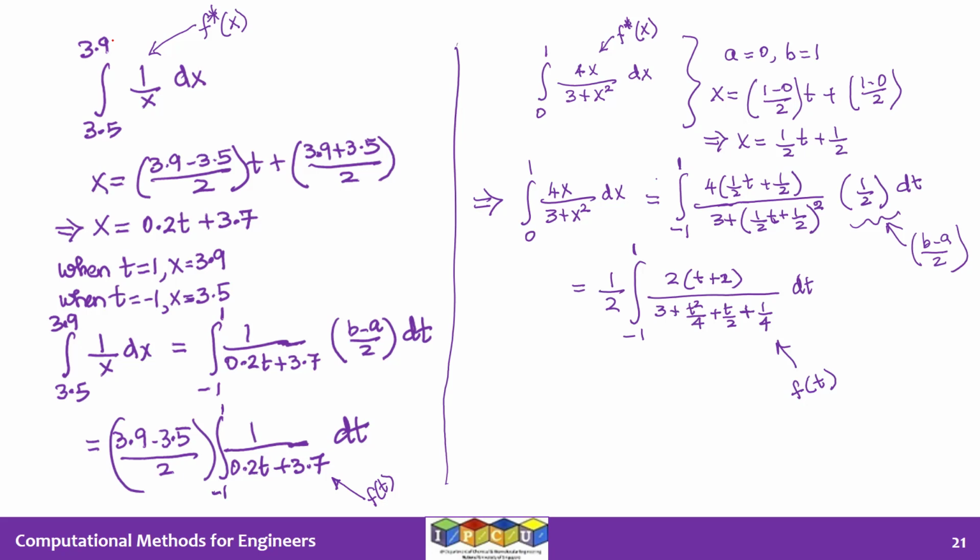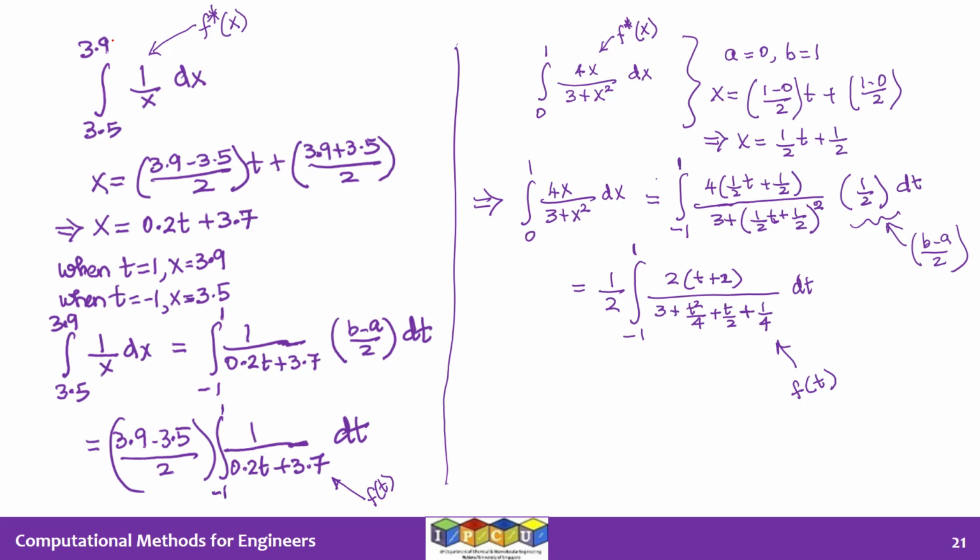It's an easy function. You can integrate 1 by x dx and get the natural logarithm of x, and then you can easily find out the value of this integral. So that's not difficult. But let's pretend that 1 by x was a difficult function to integrate, because once we get into easy problems with such examples, then we can explore some complex problems.